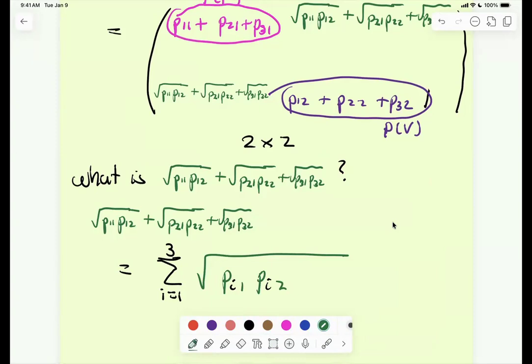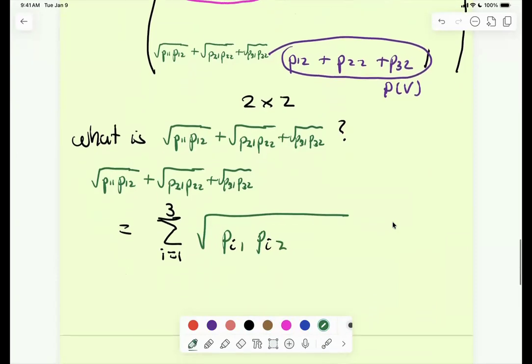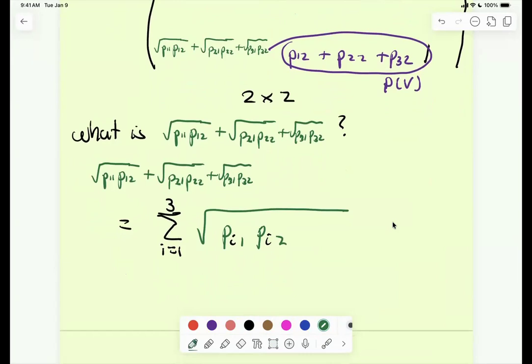And then for the order in which I called the colors: the first color was red, the second color was green, and the third color was purple.